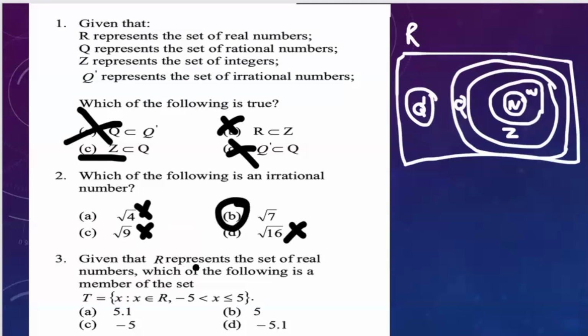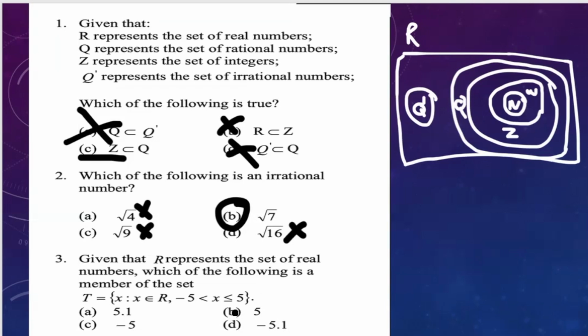Given that R represents a set of real numbers, which of the following is a member of the set? Pay close attention to what we want. These are real numbers, and real numbers are every number that we can think of. And the range is saying that you have it greater than -5, but less than or equal to 5. 5.1 is over this side, so it's not inside the set.